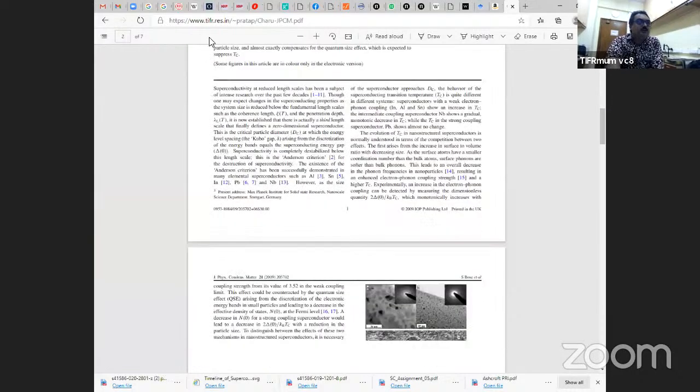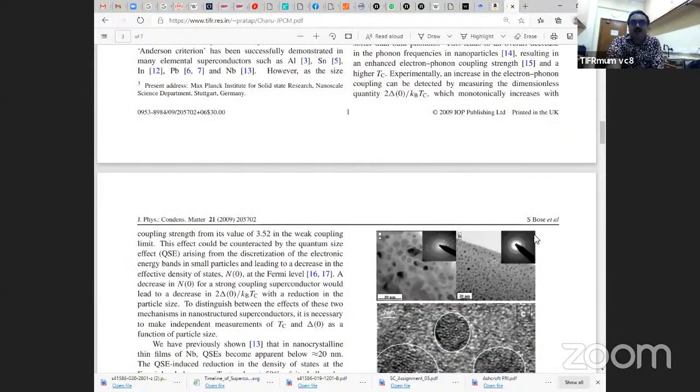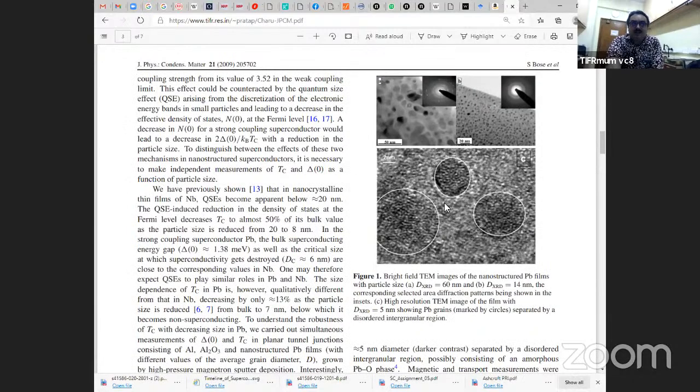You have these small superconducting lead particles, and they are separated by an insulating layer of lead oxide. When you make samples like this, all the particles that you have are not exactly of the same size. You have a size variation.